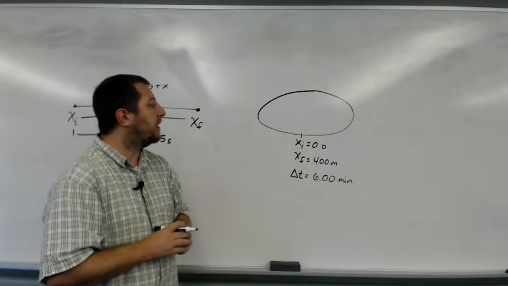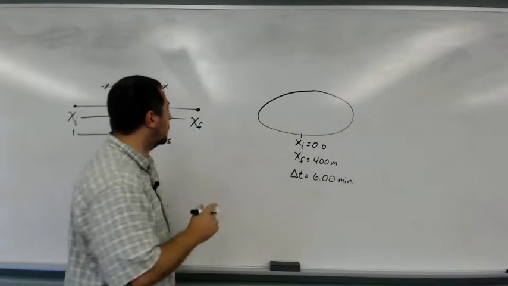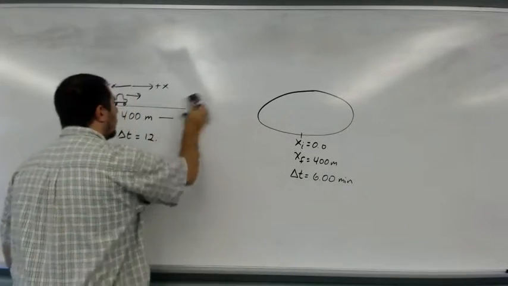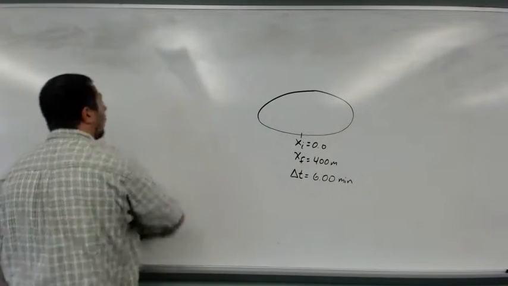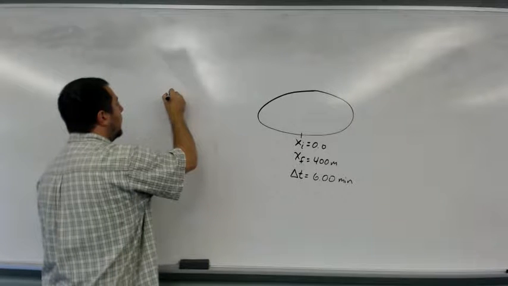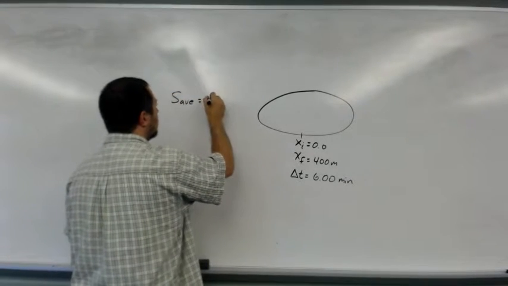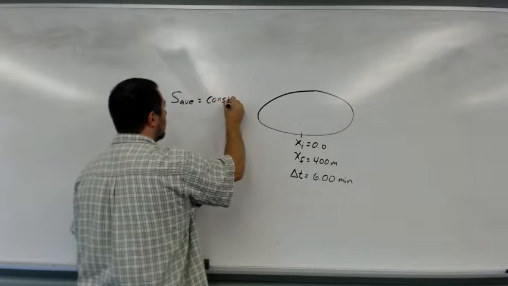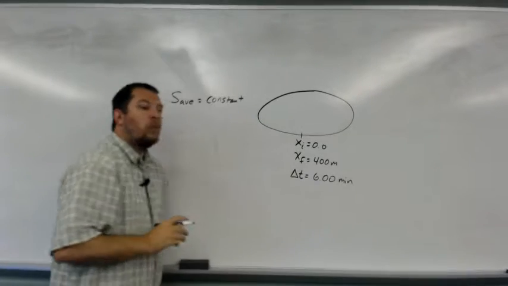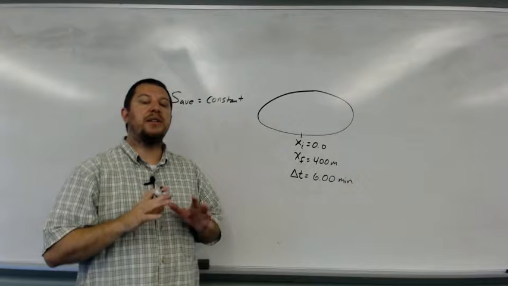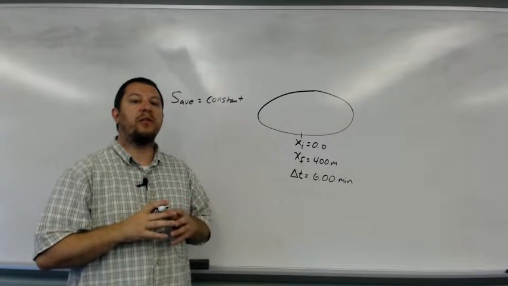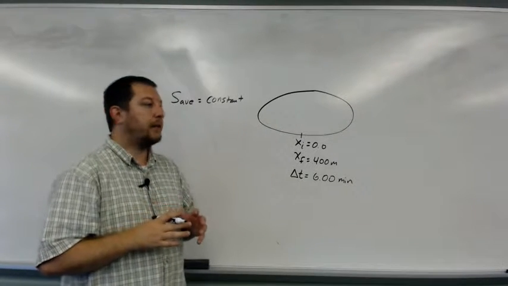And the way we can find this is if we assume that the average speed is constant, then what that means is that each individual point along the track, they're going to be running with the same speed.